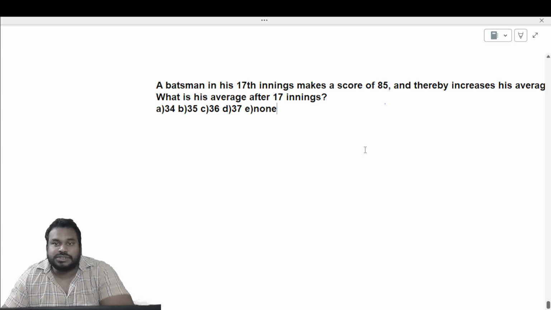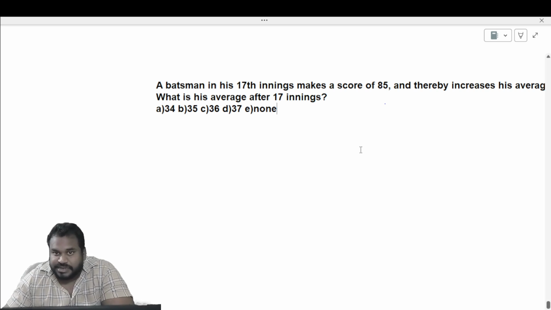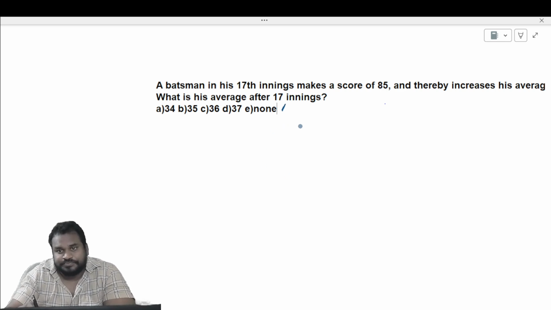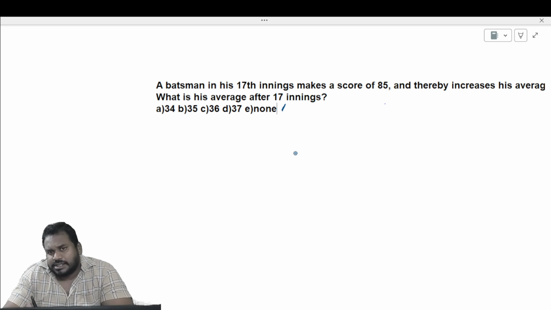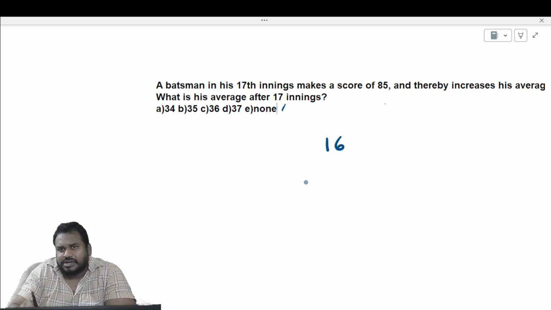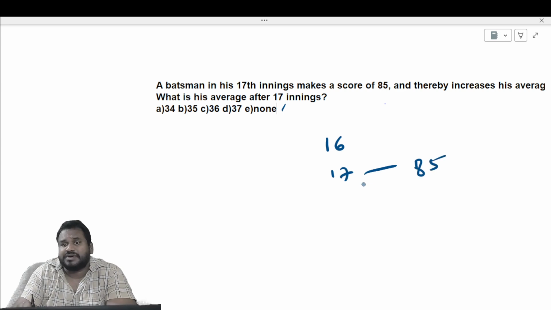So coming to the question: a batsman in his 17th innings makes a score of 85 and thereby increases his average. What is his average after 17 innings? See, 16 innings he played already, and in the 17th innings he scored 85.